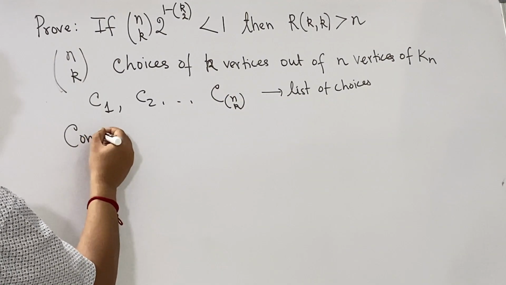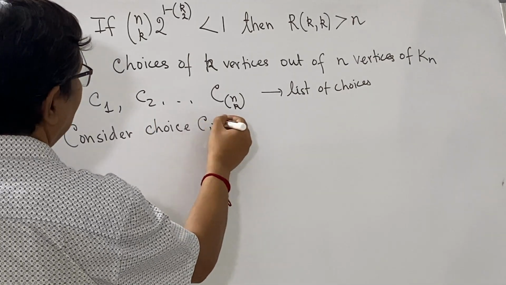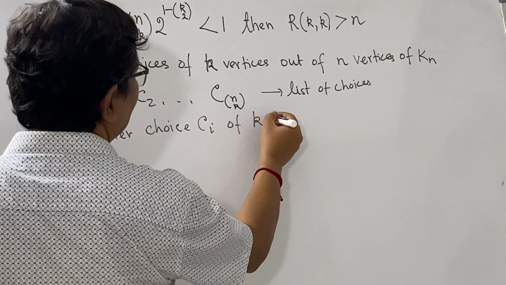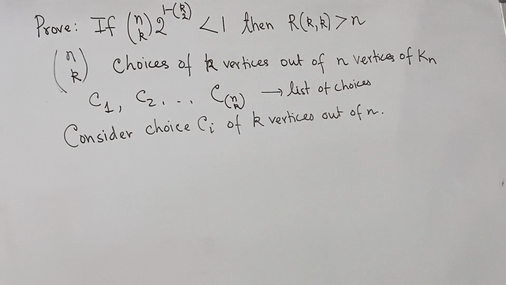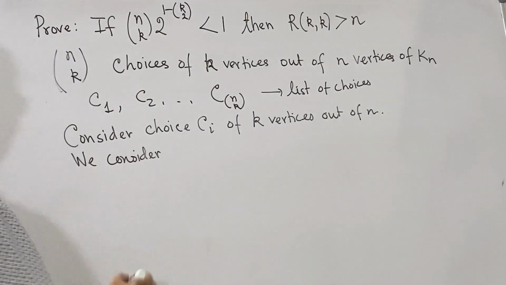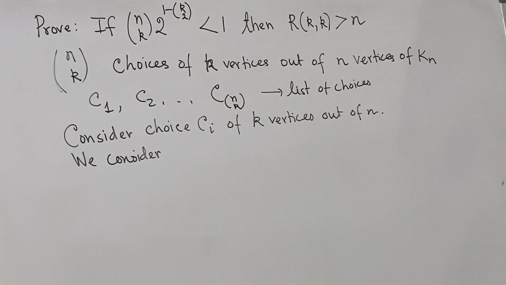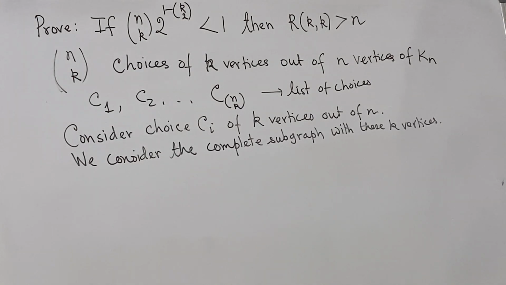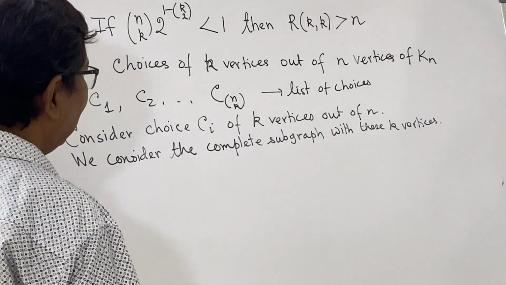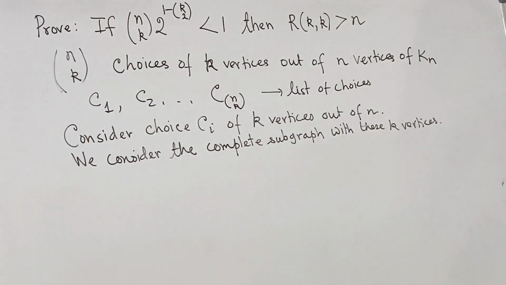So consider the choice Ci of k vertices out of n, and we consider the subgraph, and this subgraph is complete because Kn is complete. Now what is the chance that this subgraph with k vertices is monochromatic?